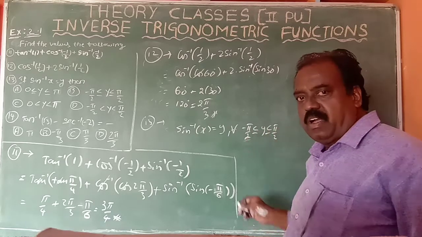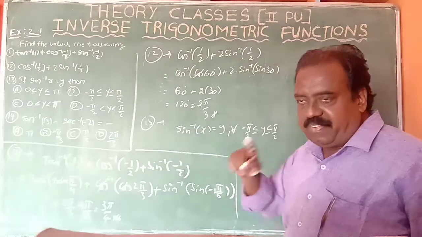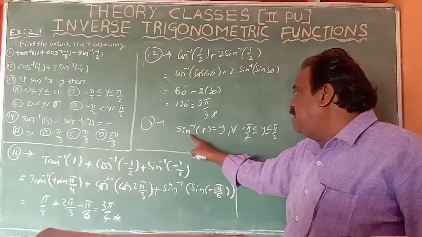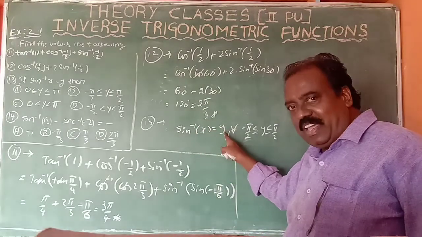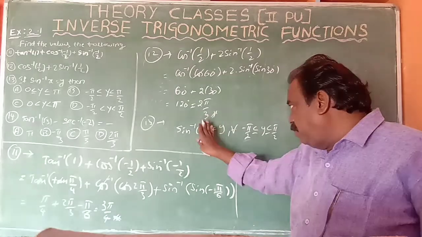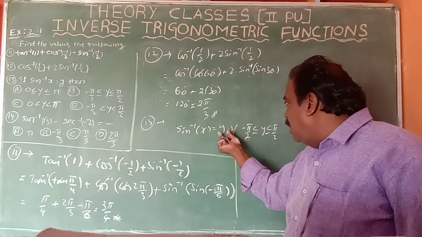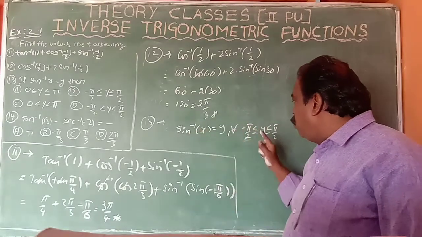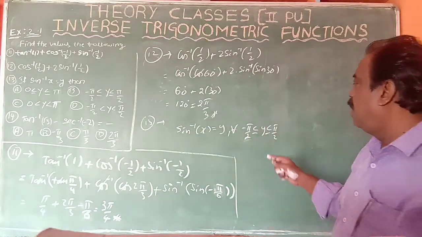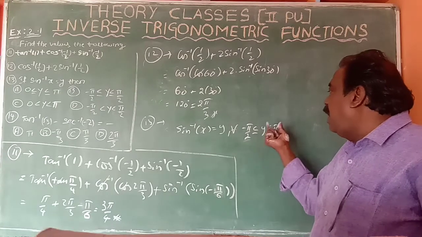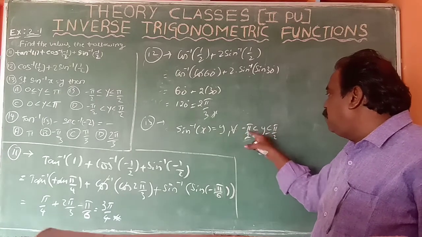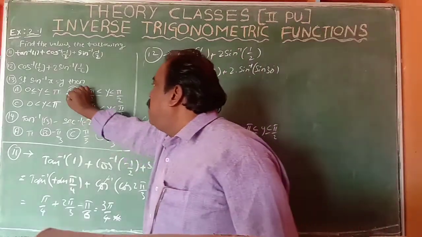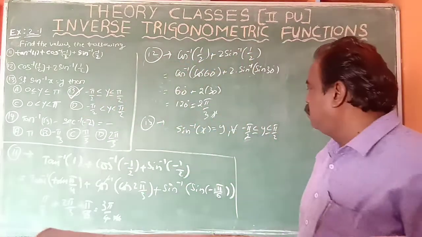Already it is given in the definition. Sin inverse x is equal to y, sin inverse of something is an angle, so y is the angle, and the interval of the sin angle is between minus pi by 2 and pi by 2. So here option B is correct.